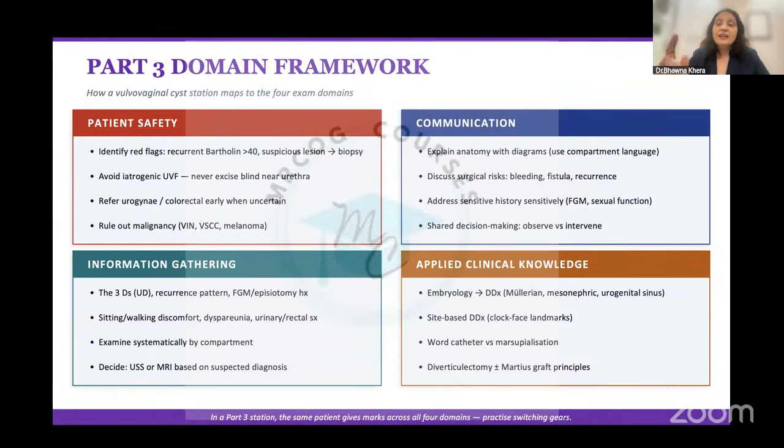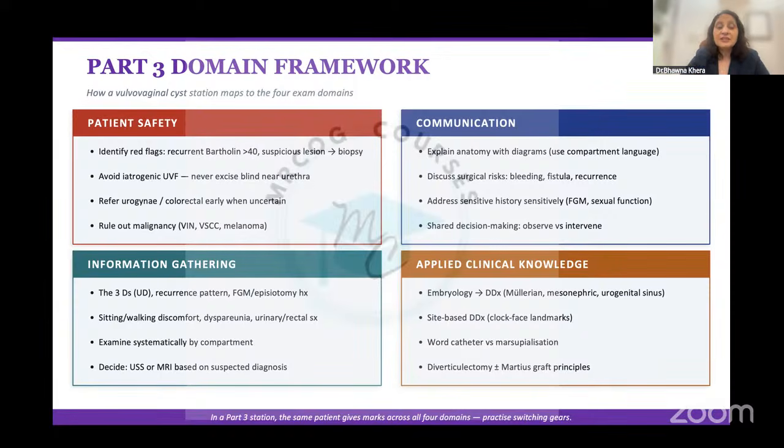As I said, if a station is about urethral diverticulum, I'm not the right person to talk about the details of surgery, because it is to be dealt with by the urogynecologist. Rule out malignancy. Information gathering: you have to take specific information for all the 3Ds. What is the recurrence pattern? Is this swelling for the first time? Its relation to FGM and episiotomy is also very important.